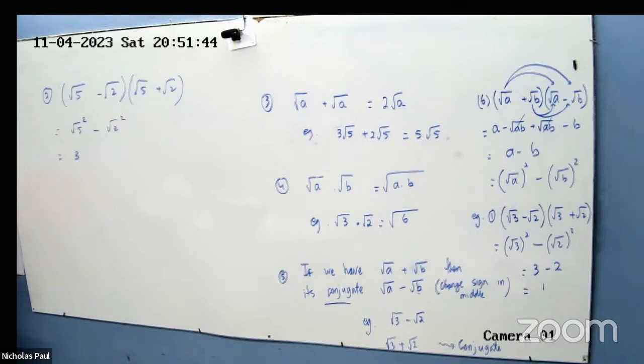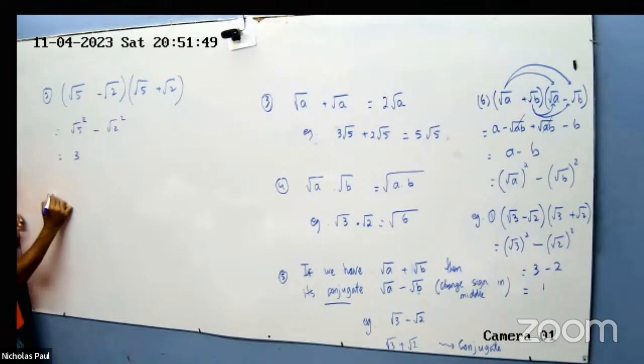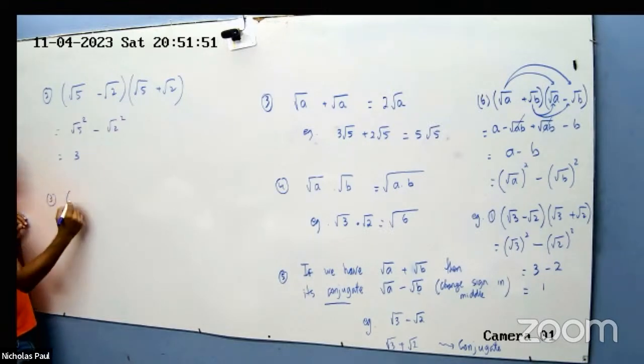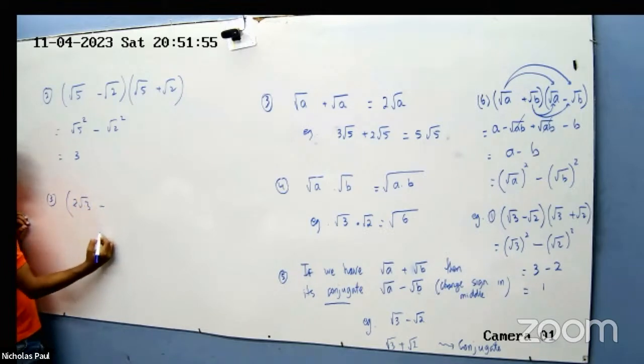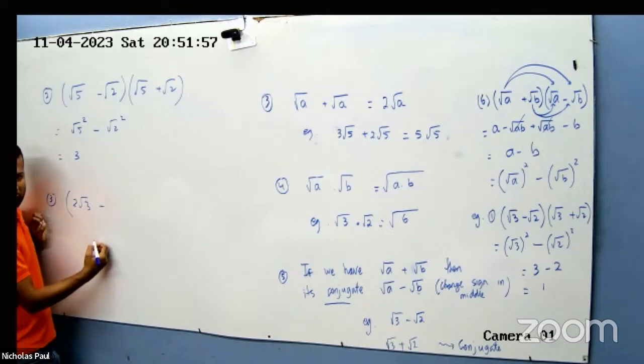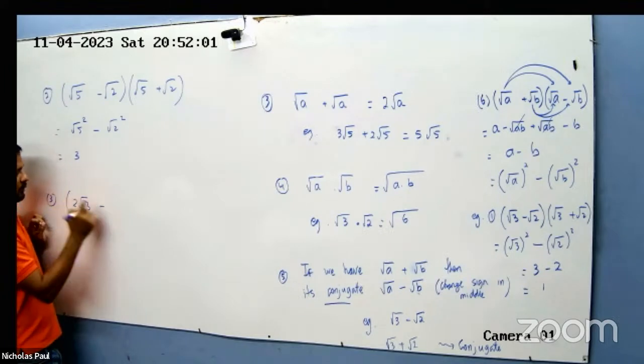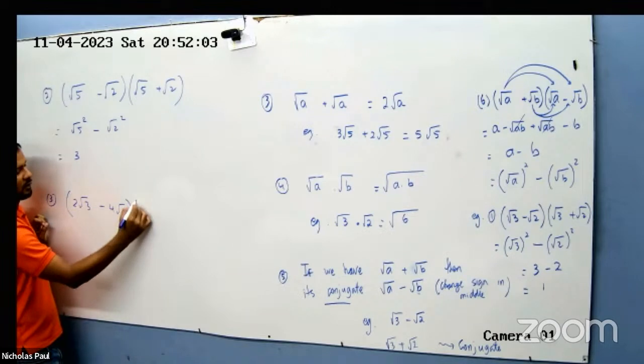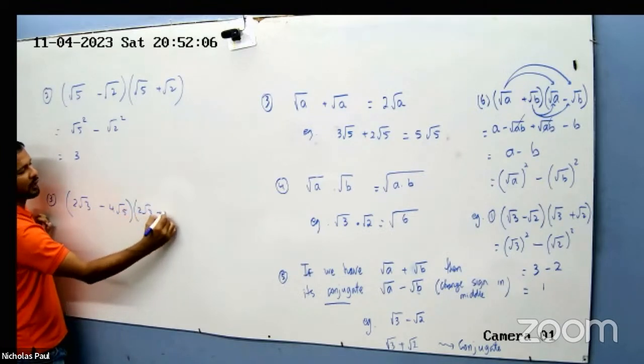Okay, nice. Now let's make it a little bit harder. Instead of me writing root 5, I want you to work it out: 2 root 3 minus 4 root 5, 2 root 3 plus 4 root 5.